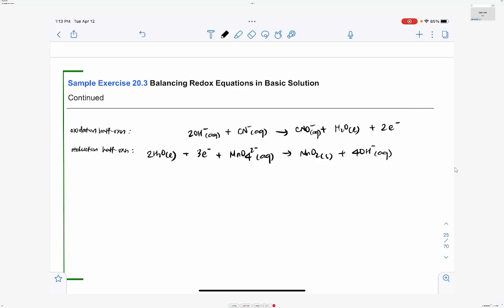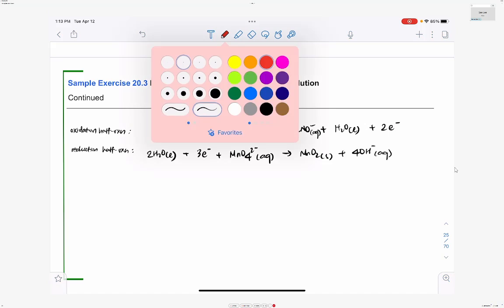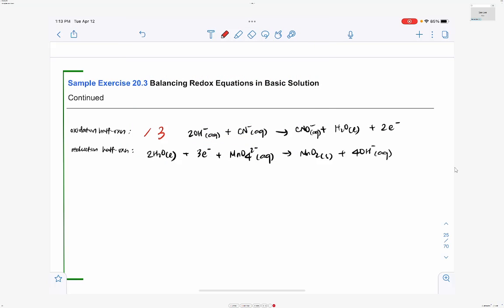Since the oxidation half reaction has lost 2 electrons, if we multiply 3 to the entire equation, we have lost 6 electrons in the oxidation part.